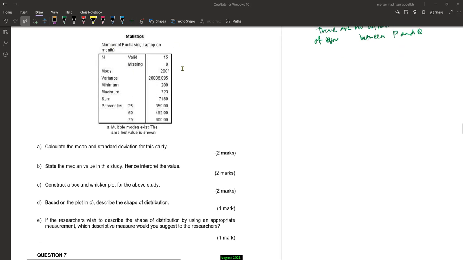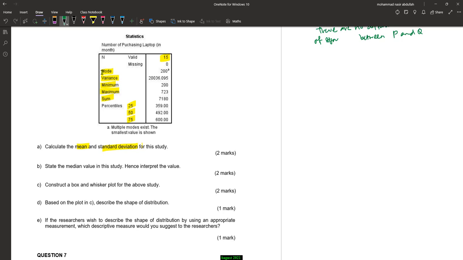Assume that the number of laptops purchased in a month is normally distributed. So these are the descriptive statistics. They give us the mode, variance, minimum, maximum, sum, the values, observations, Q1, Q2 and Q3. Calculate the mean and standard deviation for this study.